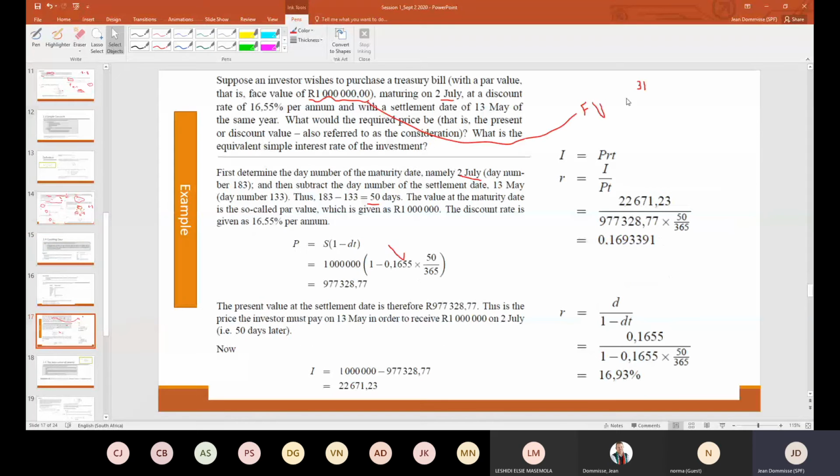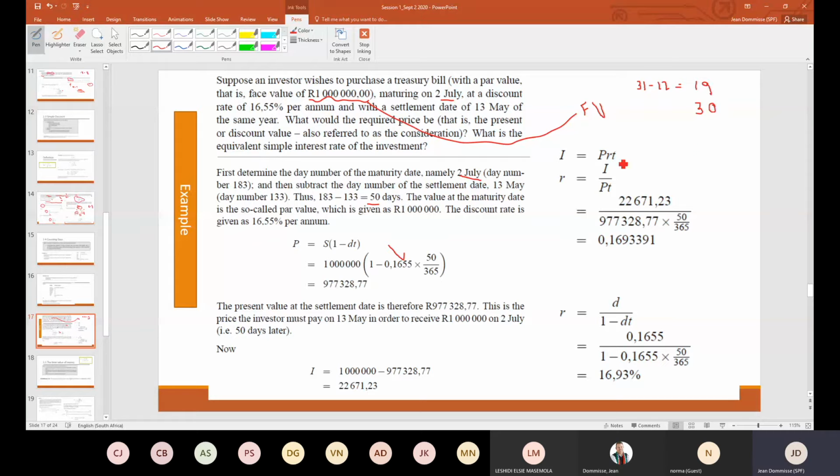So for this one, we would say 31 minus 12, which would give me 19 days. I just want to see if I'm actually going to get the same answer. I haven't tried this now, so let's hope I do get the same answer. So that is May. We've got June as 30 days.